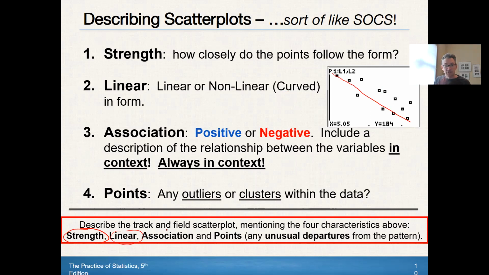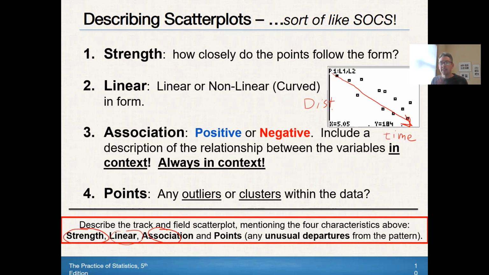And then for the association, here's where I'm going to mention positive or negative. This association is definitely negative. And if you keep track of what that means, remember we had time down here and we had long jump distance as the y-axis. So I would say something like this: the association is negative.